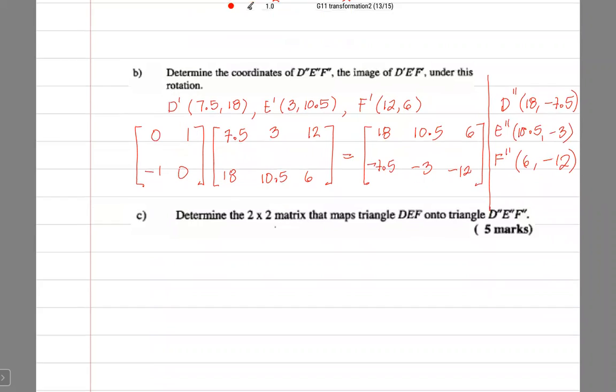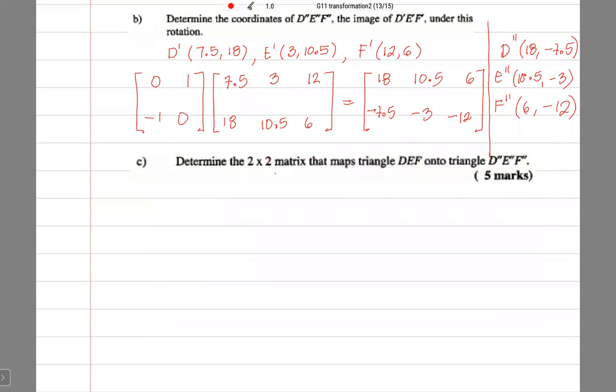And now lastly, we're asked to determine the 2 by 2 matrix that maps triangle DEF onto D double prime, E double prime, F double prime. Remember, to get from DEF to D double prime, E double prime, F double prime, we did 2 transformations.